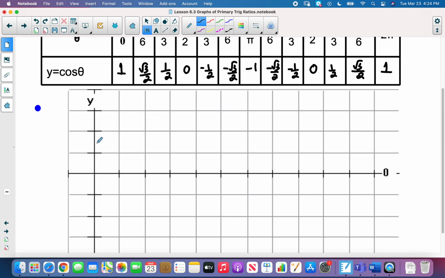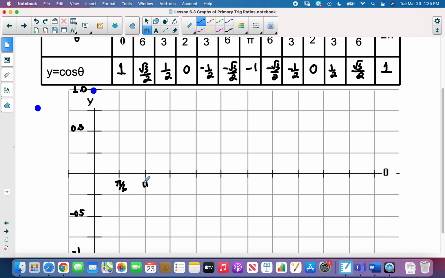Similar scale over here. This is 0.5 and 1, negative 0.5 and negative 1. And we're going to plot cosine 0 is 1. So we start right there. Cos of pi over 6. So let me just also write this. This is pi over 6.